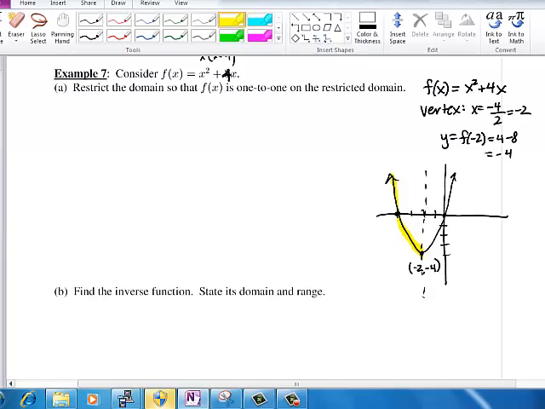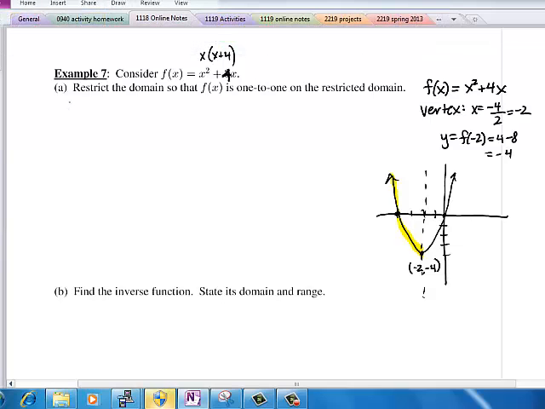So let's take f of x equals x squared plus 4x and use x less than or equal to negative 2, so the left side of the graph. So the domain for f is x less than or equal to negative 2. The range for f, we can see from the vertex, would be y greater than or equal to negative 4.